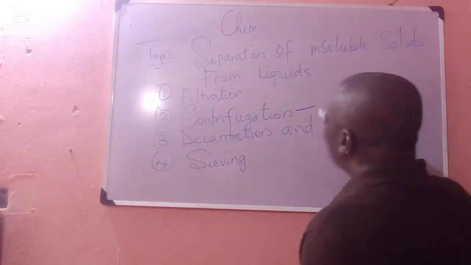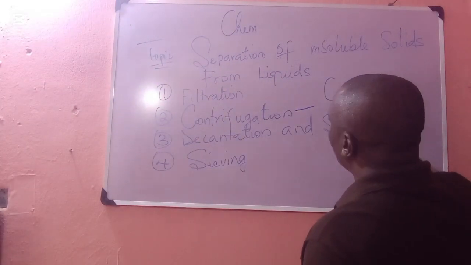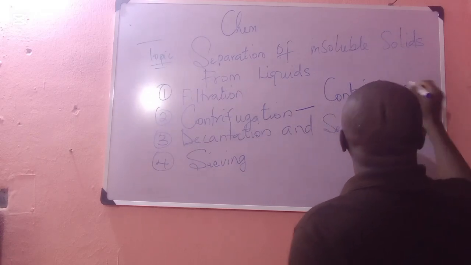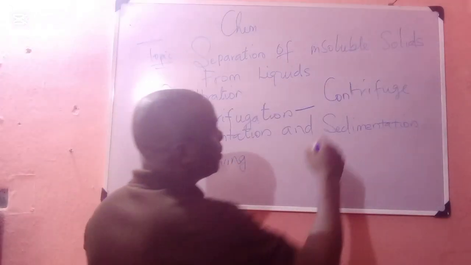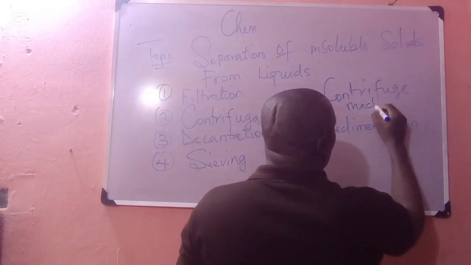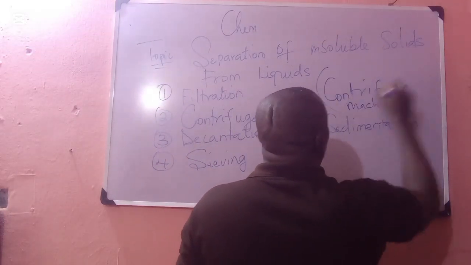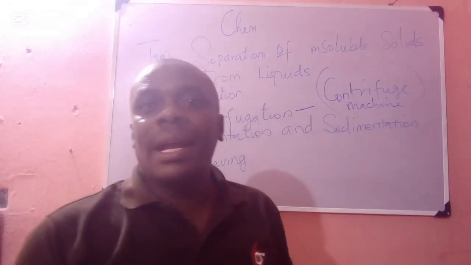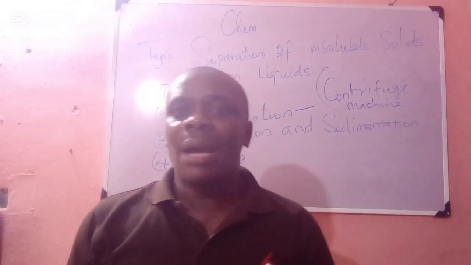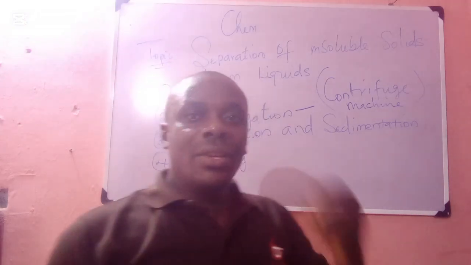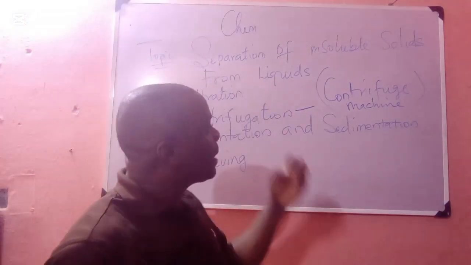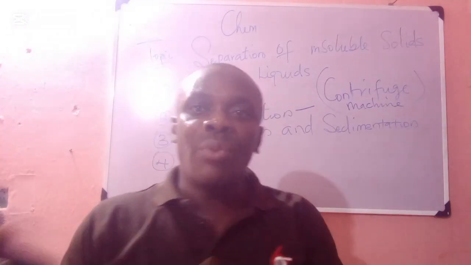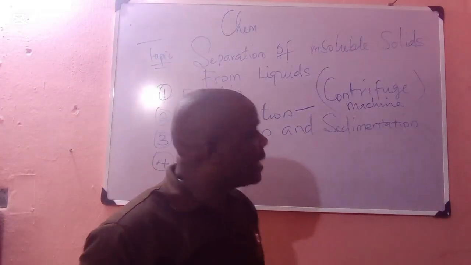Then another one is centrifugation. In the case of centrifugation, we use a centrifuge machine. Maybe you are running a sample in the laboratory and you need the solid part of it. You use a centrifuge to separate the liquid part from the solid part.